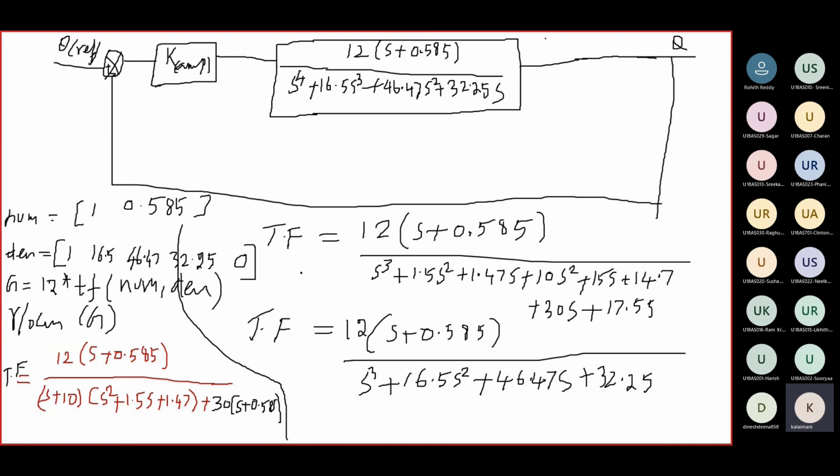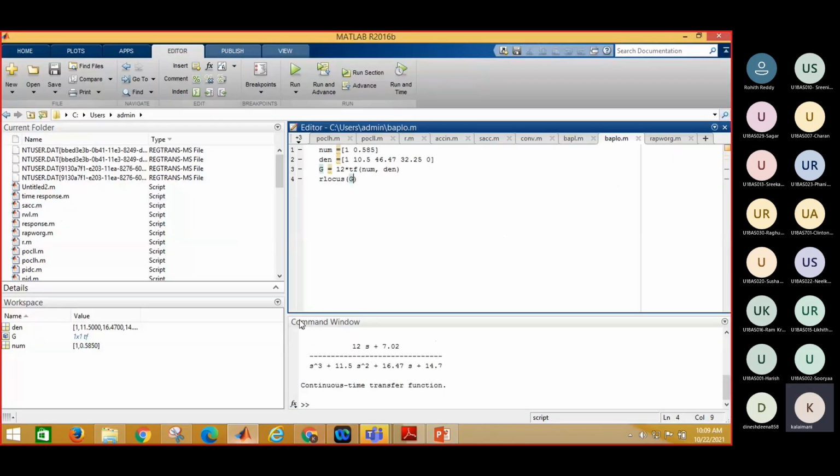So here if we multiply, we will get s cube, 1.5 s square plus 1.47 s, and 10 s square plus 1.5 s square, and we will get 11.5 s square, then 46.47 s plus 32.25. This will be 11.5, 46.47, then 32.25, and the constant coefficient is 0.